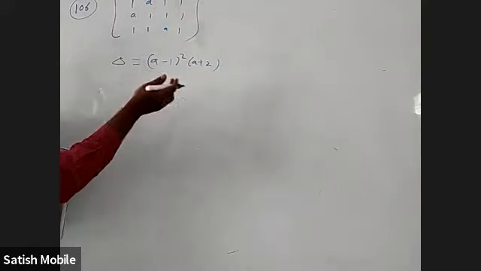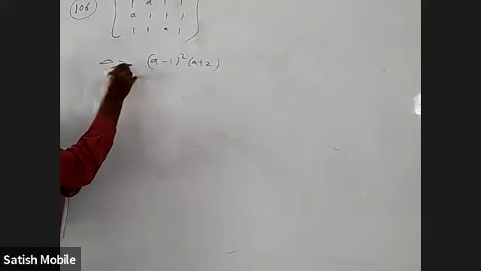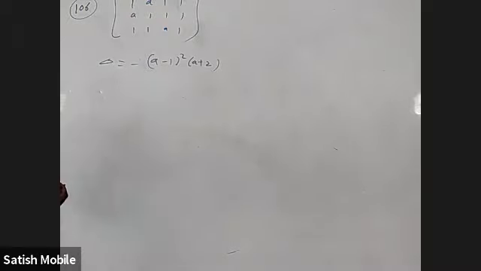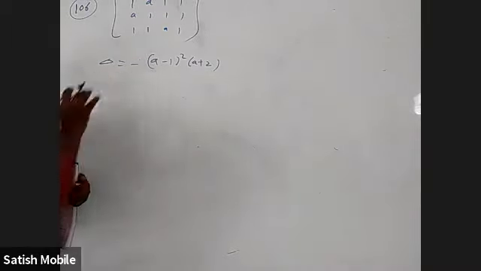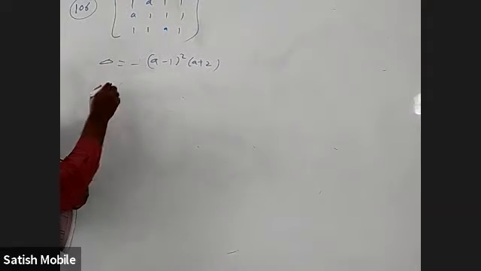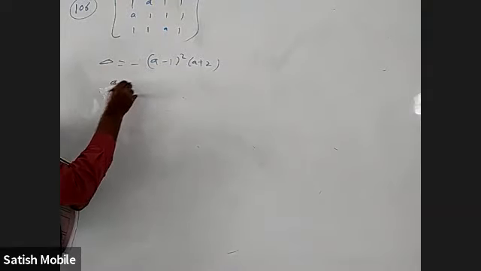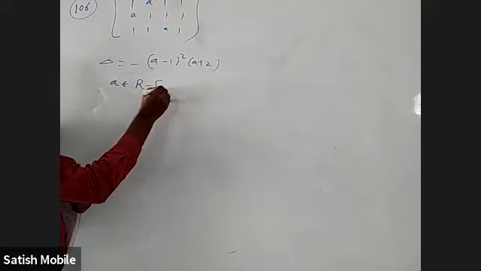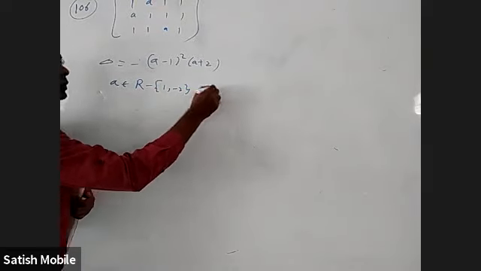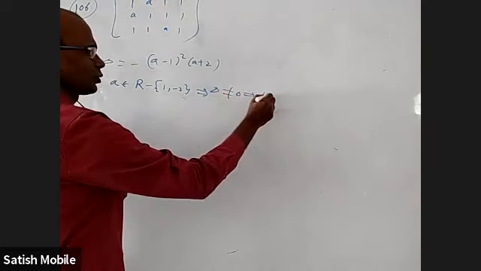Maybe a minus of that, not a big deal. In fact, yes, minus will come. Delta will come this. Now, if A belongs to all real numbers except 1 and minus 2, delta is not equal to 0, we'll have a unique solution.